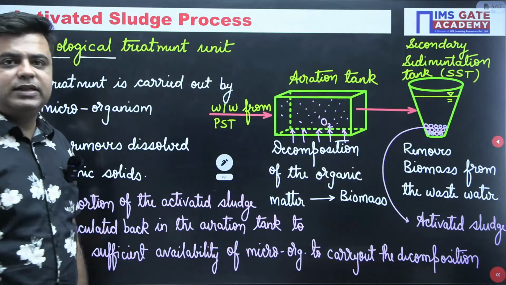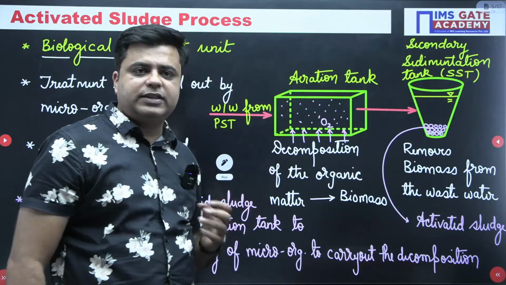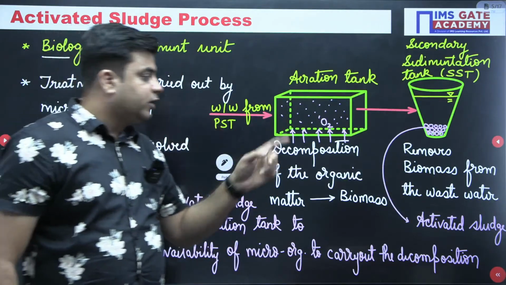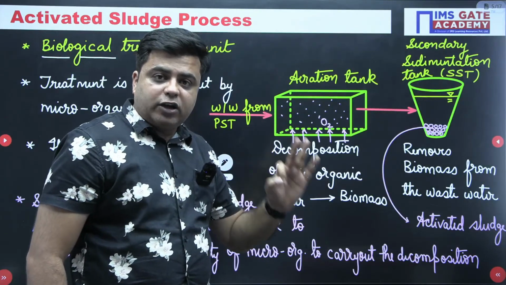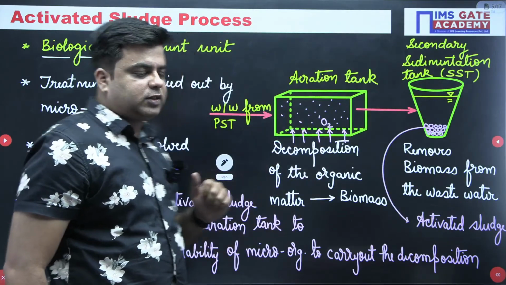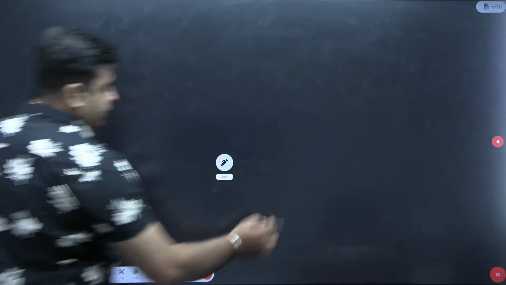Microorganisms will be present in suspension like this, and sufficient availability of oxygen is maintained. Therefore, this activated sludge process is termed as aerobic suspended growth system.